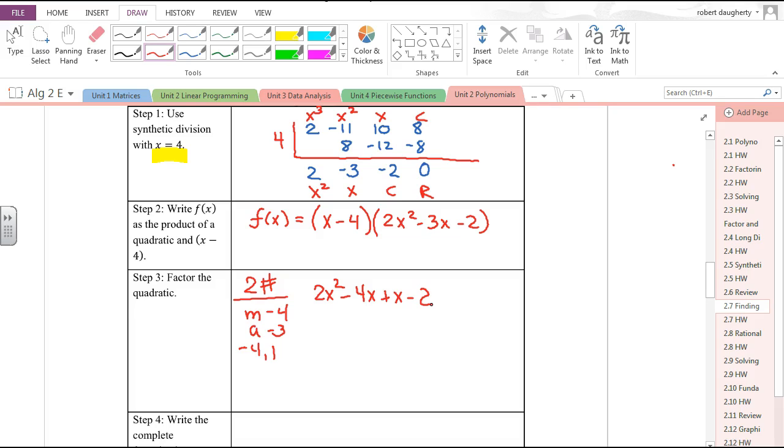And what can I factor from the first two terms? Yeah, so 2x, that leaves me with x minus 2 plus x minus 2. So what is that factorization? 2x plus 1, yeah, times x minus 2.